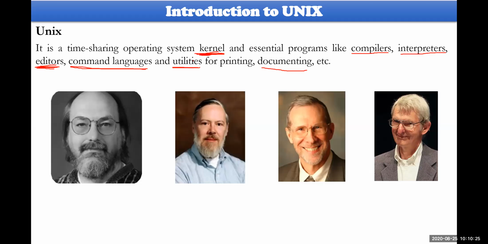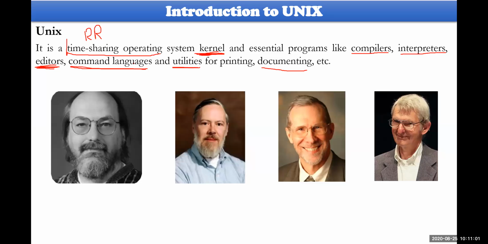Basically, this Linux operating system is a time-sharing operating system. In the sense, probably you have gone through CPU scheduling algorithms in our operating system course. One of them is the round robin scheduling algorithm. Most probably this Unix or Linux operating system is executed based on the round robin CPU scheduling algorithm.